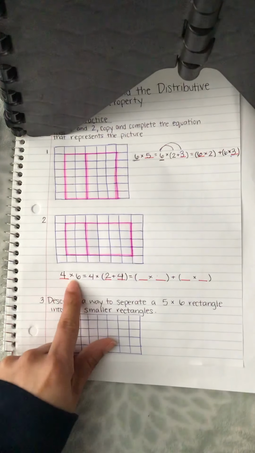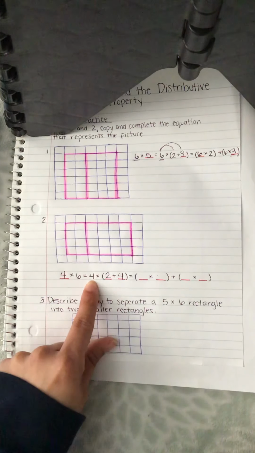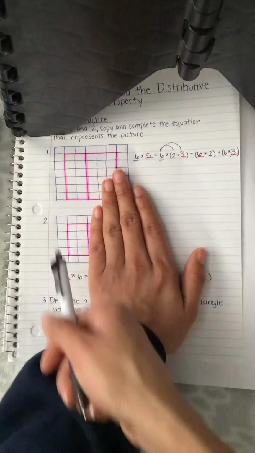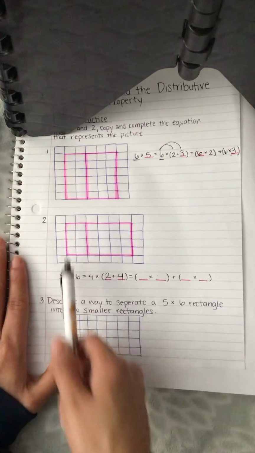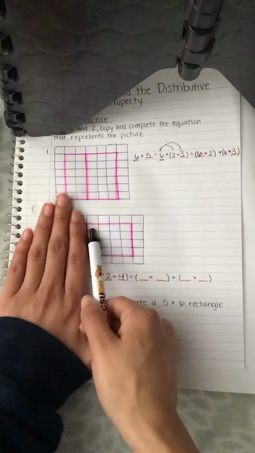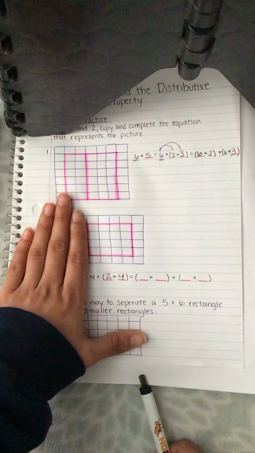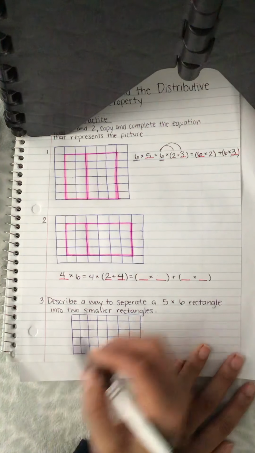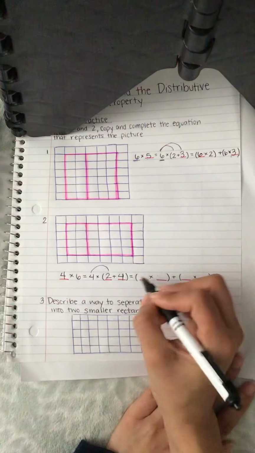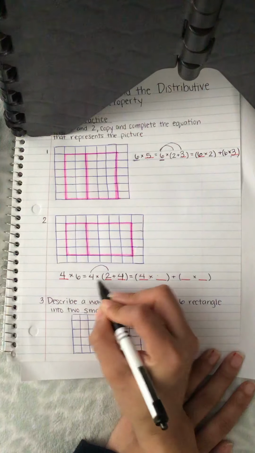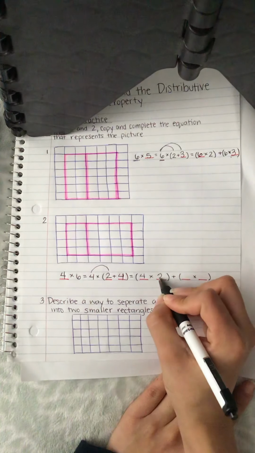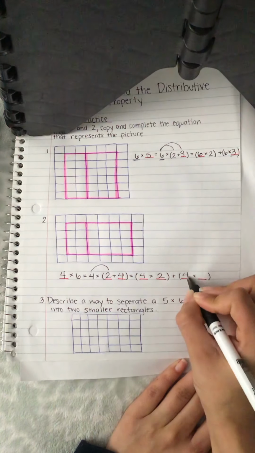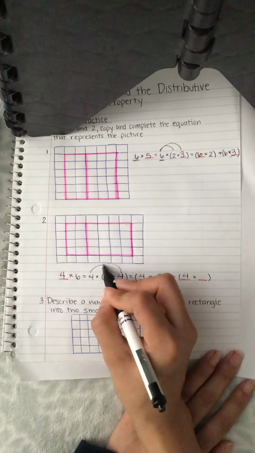So 4 times 6 is equal to 4 times 2, plus 4 times 4. So remember, we're going to break that down over here. So we do 4 times 2 plus 4 times 4.